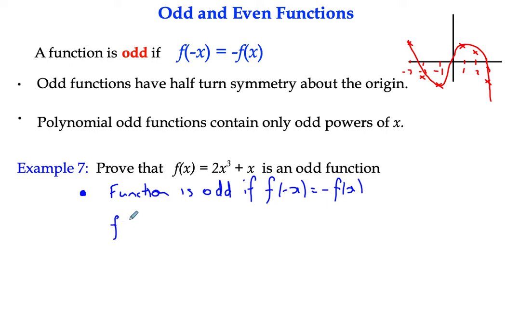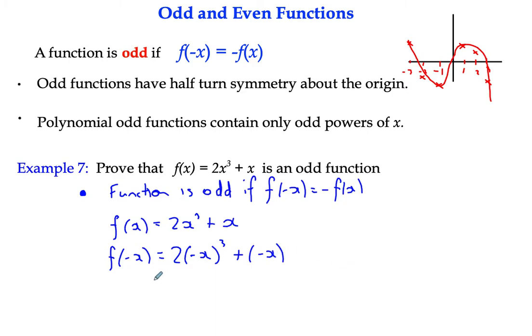I'm going to write down the original function that I'm given, 2x cubed plus x. And what I'm going to do is consider f of negative x. I'm going to substitute in negative x, so I'm going to put negative x in each of these spaces.